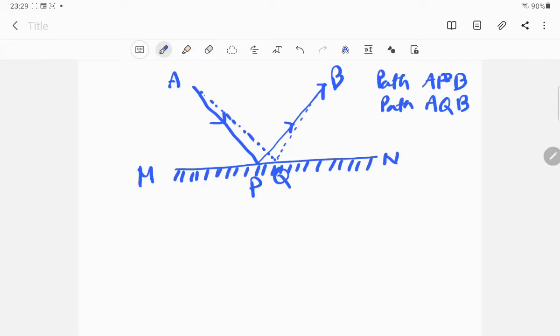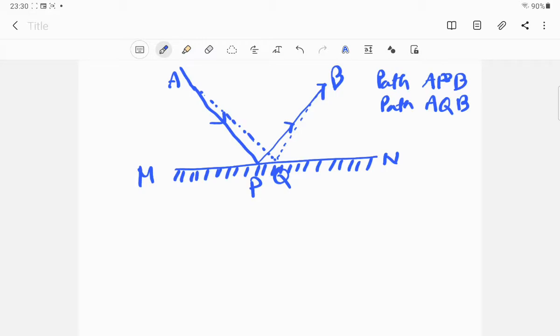To prove the laws of reflection, we need to find that path from A to B for which the time taken is minimum. That means the path length is the minimum.